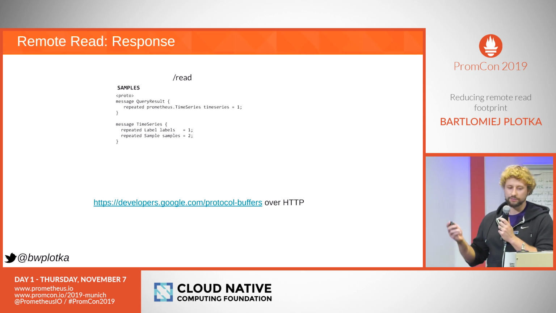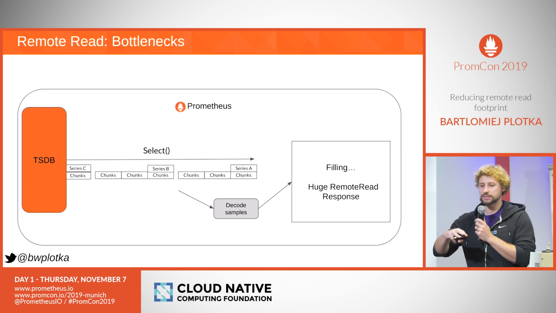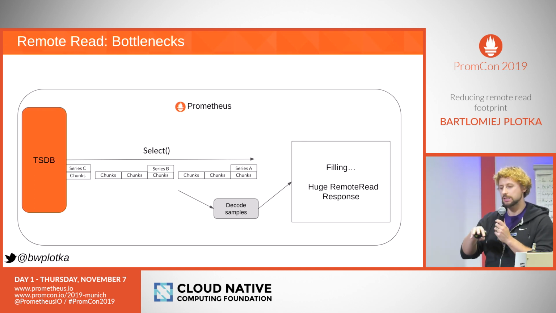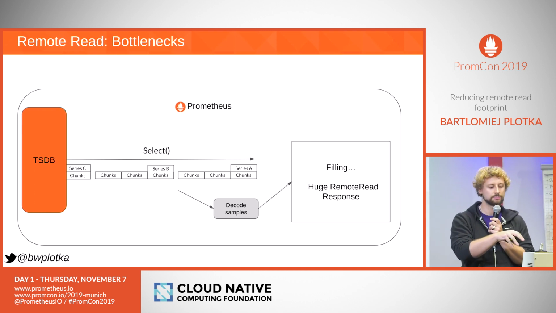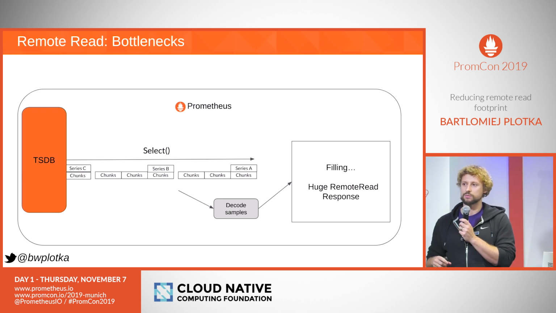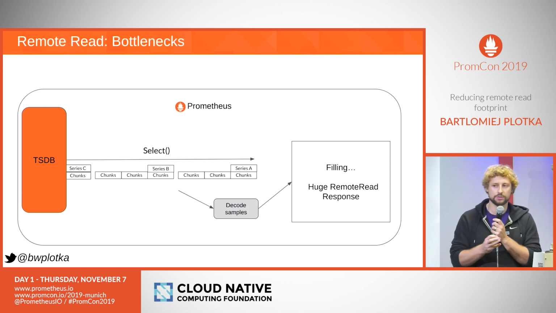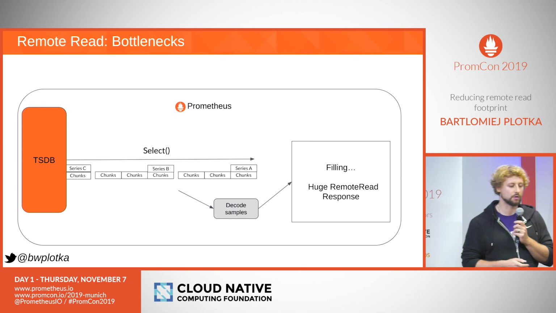So what is the problem with this approach? First of all, during this request, we select the data from the internal database, right? And the response is a stream of series by series, right? And because everything we store is mostly compressed in chunks, the samples are compressed in the XOR encoding format called chunks.